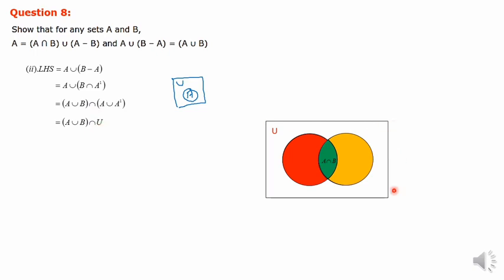The common portion of the universal set and these two circles is clearly the entire two circles, these three shaded portions. So that will be equal to A union B. If you take these circles together we call it A union B. That is our right hand side, the RHS, hence the proof.